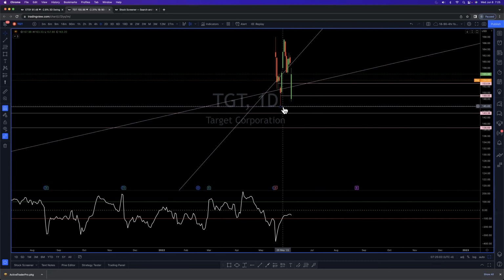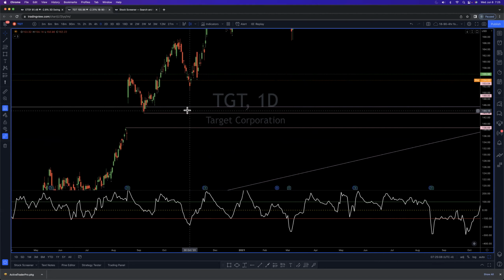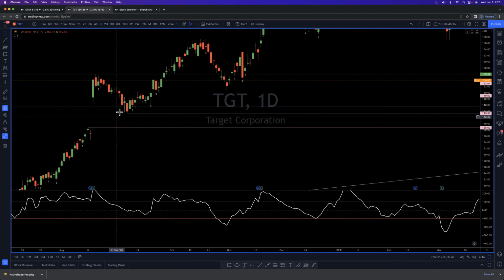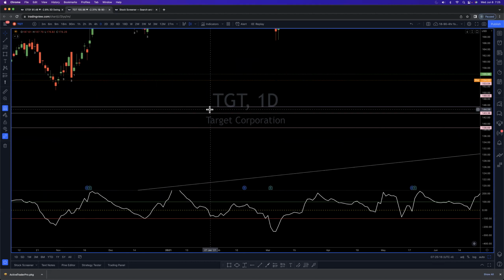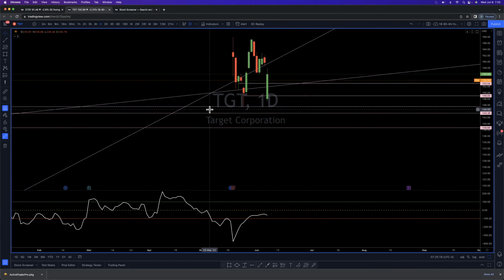And then we drew this broadening formation from that day back to this daily range low. For those two down bars on the daily, price was trading inside this range, so we wanted to capture that.